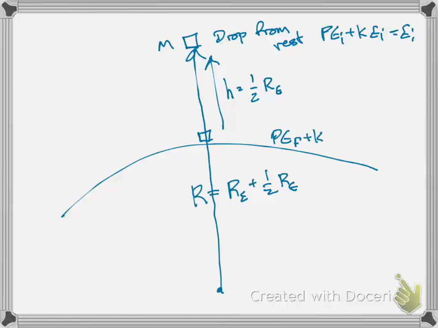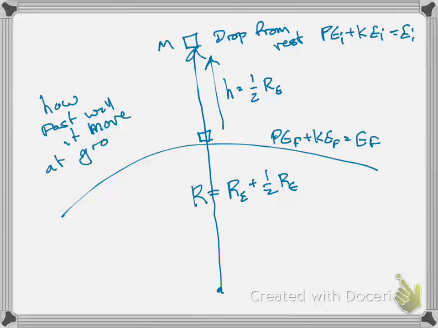PE final plus KE final is the total mechanical energy at the lowest height. How fast will it be moving when it gets to the ground? So we're going to conserve energy.